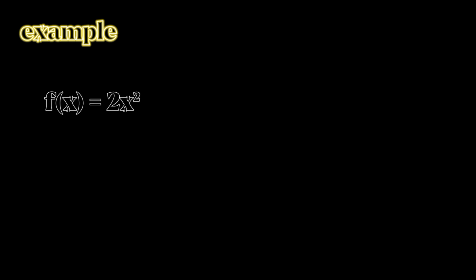Let's see it in action with a simple example. Suppose we have these functions: f(x) equals 2x raised to the power of 2 and g(x) equals x plus 1. We want to find the derivative of f(x) divided by g(x).